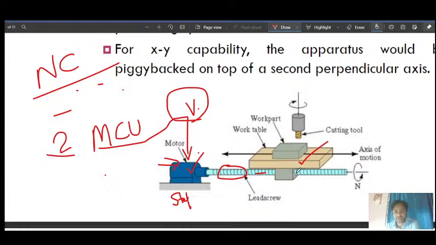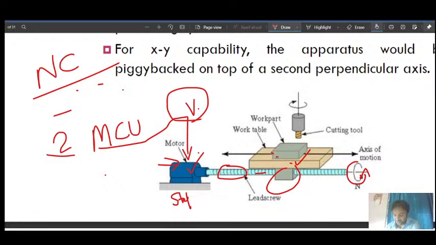So again on this we have internal thread. So as the lead screw rotates in its place, as it cannot move, there will be relative motion between lead screw and the table mounting.